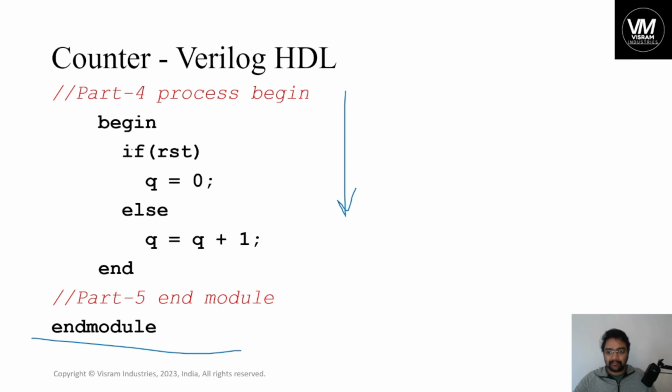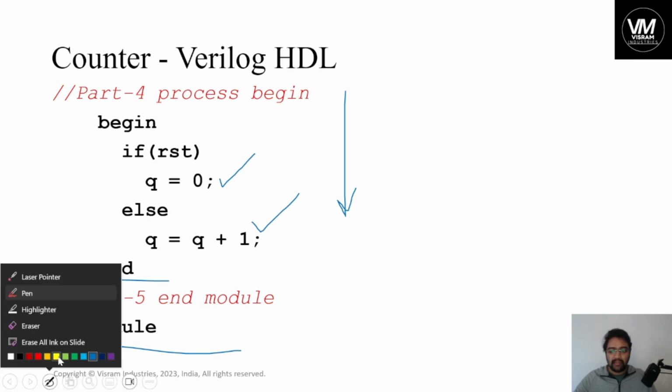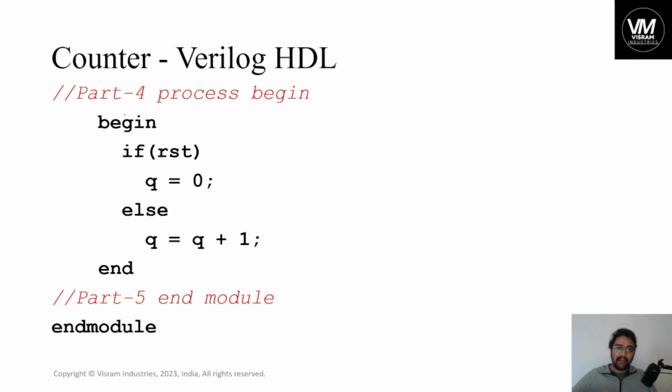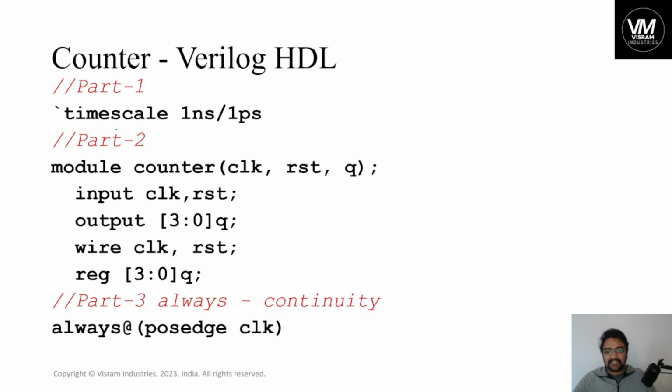After you write some if loop, the functionality of the counter, you need to end the process, and then the FPGA understands that after a certain point it ends, and end module. So end module is like, okay, we have designed the module, take this design. That's what we are declaring. So every Verilog HDL will basically have these 5 steps.